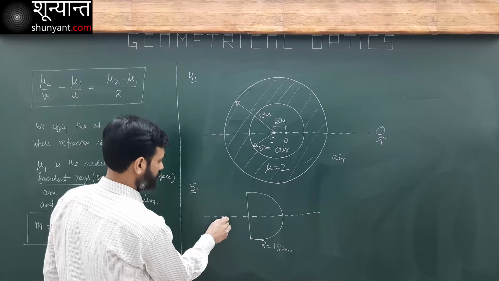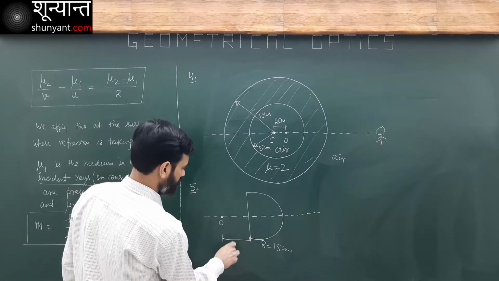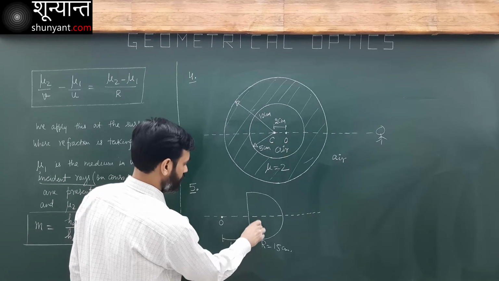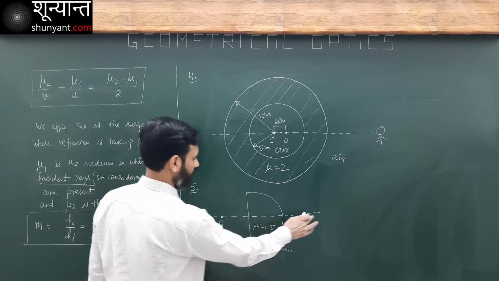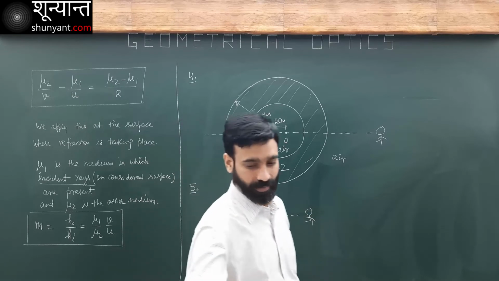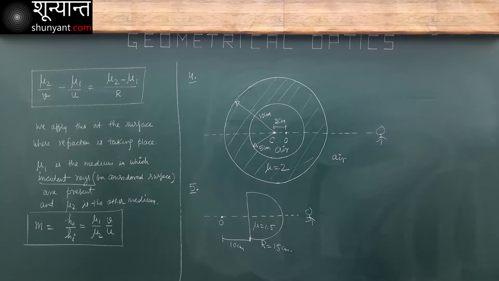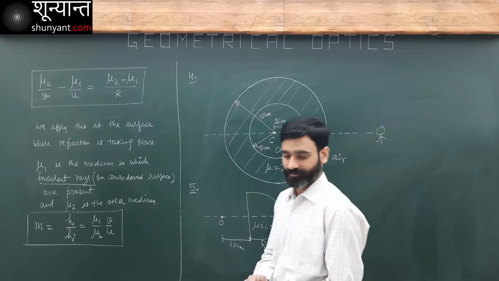This distance is 10 centimeter and mu is 1.5, and I am looking from here. Locate the image. Do it as soon as you can.